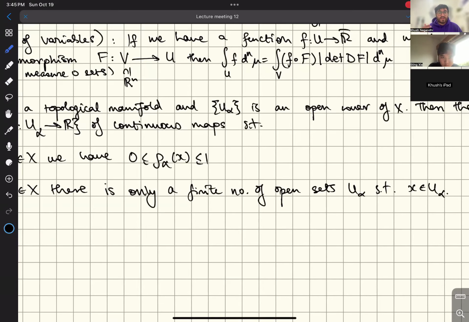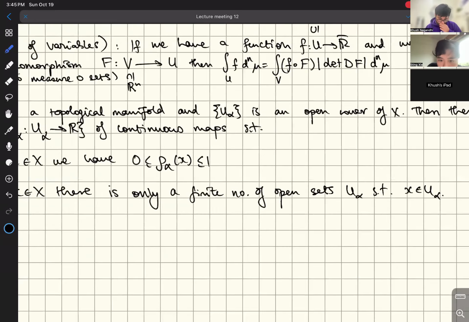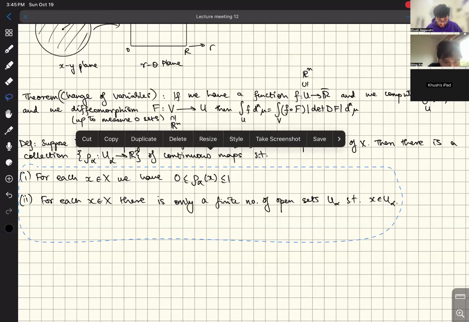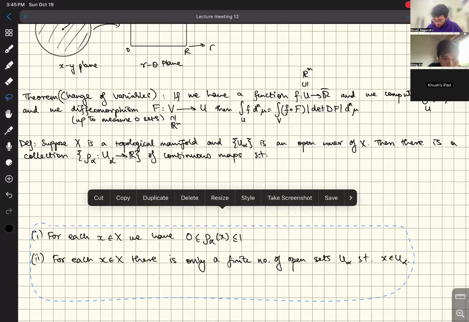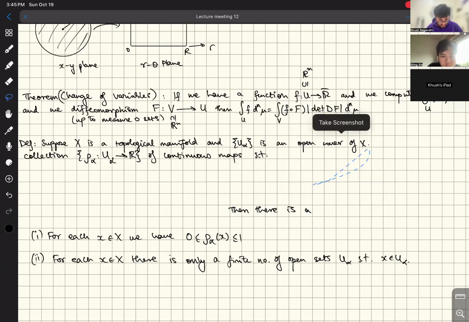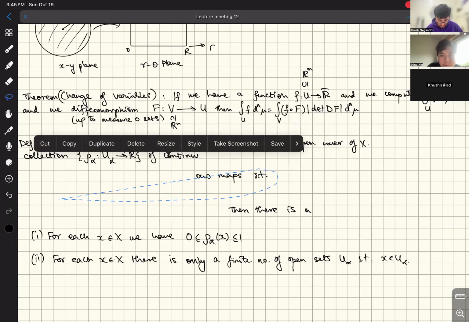So this is the condition on the open set. You can reword the definition a little bit to say that you have an open cover that satisfies this condition. Okay, let me actually do that. So X is an open cover.